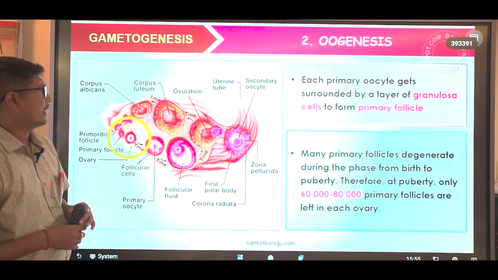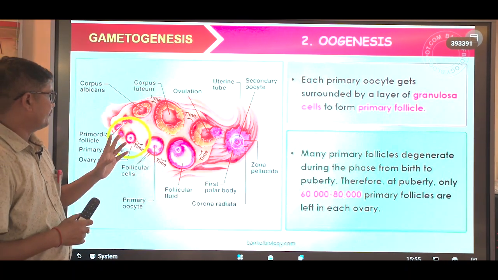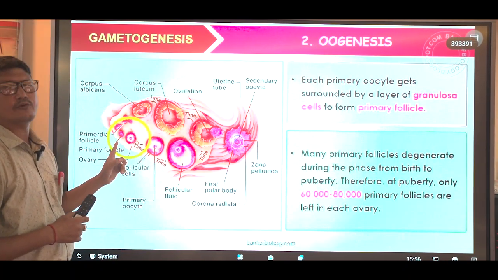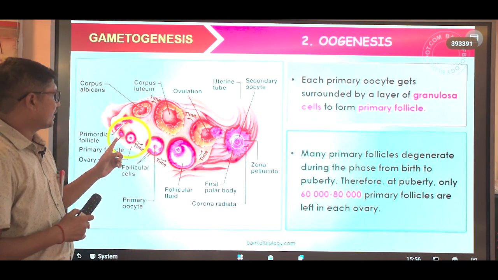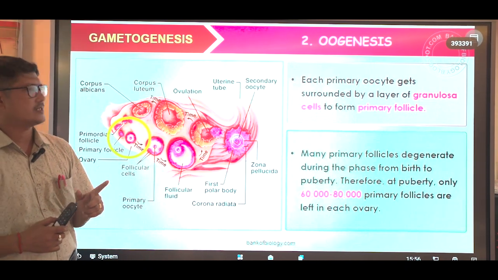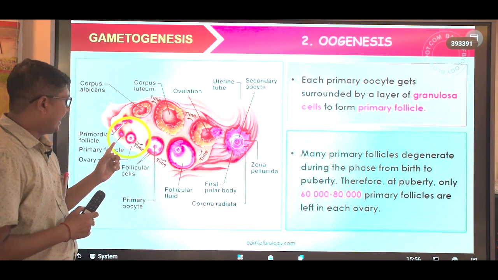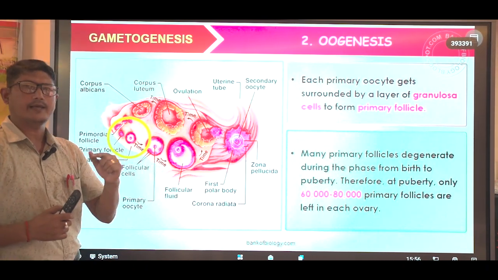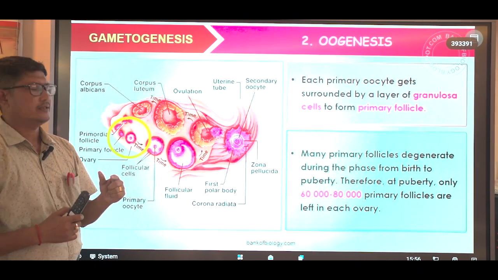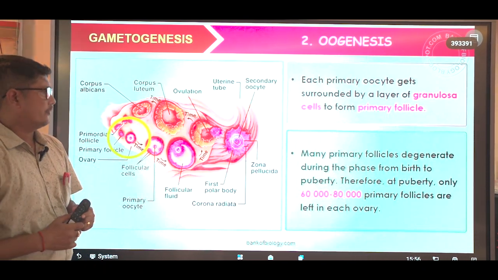The primary oocyte, which is inside the primary follicle, is surrounded by a layer of cells. This layer of cells is called the granulosa cells, and the primary oocyte surrounded by the granulosa cells forms the primary follicle.